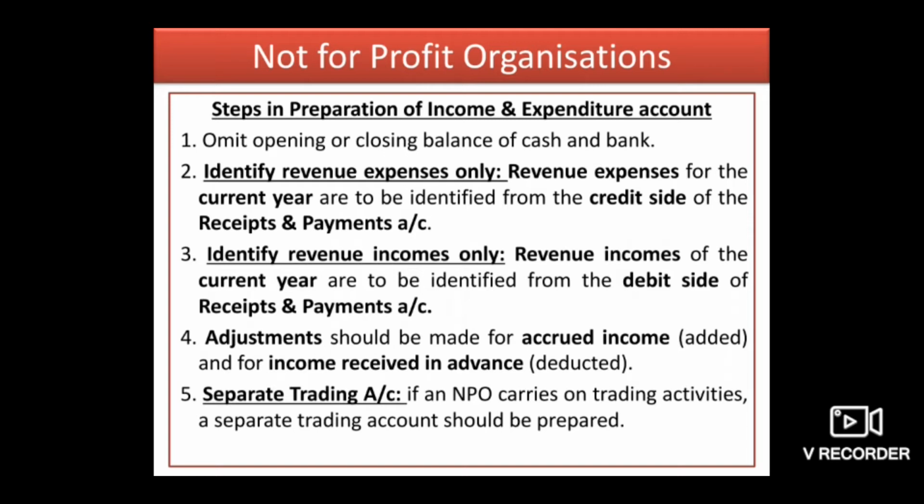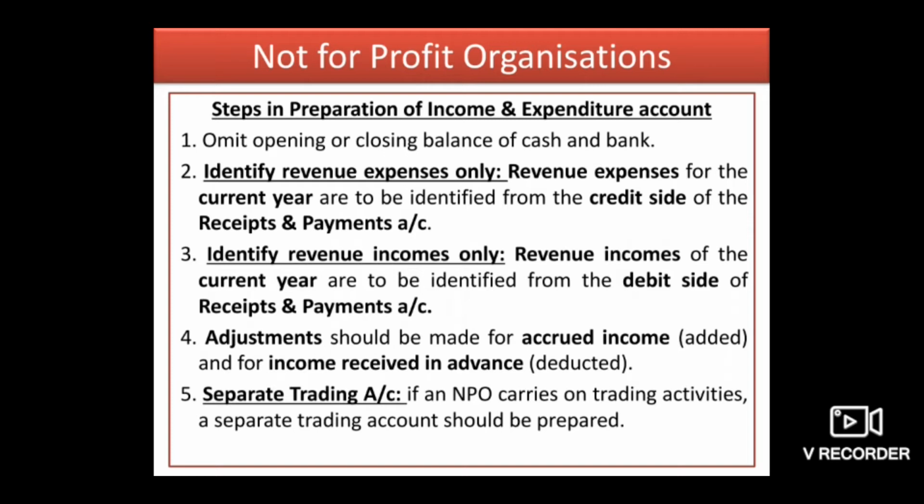Then an important point you have to remember is about a separate trading account. It arises if an NPO carries on trading activities or any manufacturing activities. In such a situation, we need to prepare a separate trading account for that NPO.